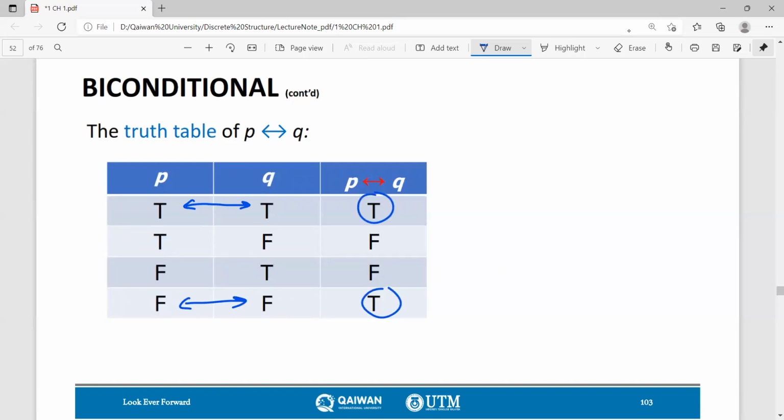In these two cases, we get true. True if and only if false, and false if and only if true, have different values. One of them is true and the other is false. That's why the result is false. Okay. So in a conditional statement, we say if the first is true and the second is false, in only that case you get false. All the others are true.